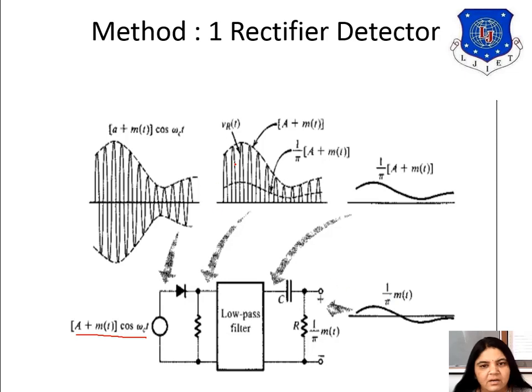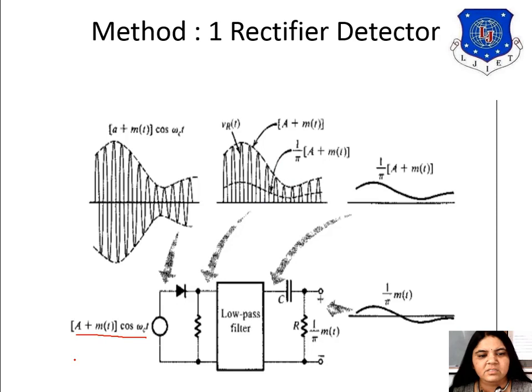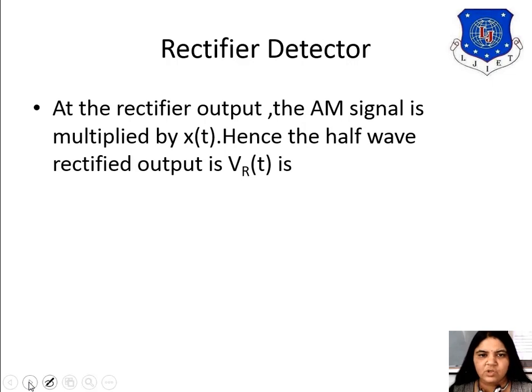So this is the calculation that we need to perform. If an AM signal is applied to a diode and rectifier circuit, the negative part of the AM will be removed. The output across the resistor is a half wave rectified version of the signal. The diode acts like a pair of scissors by cutting off any negative cycle of the modulated sinusoid.